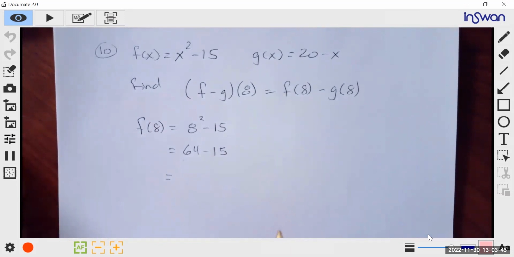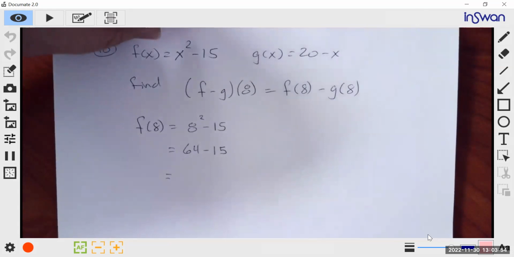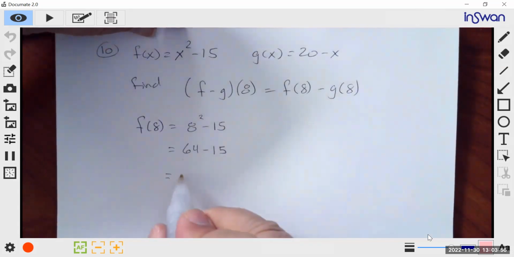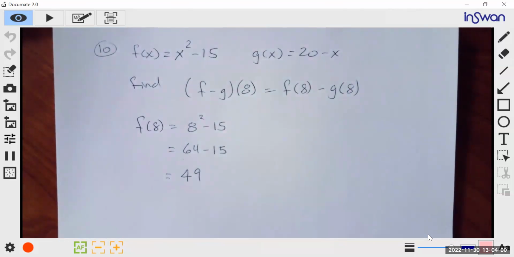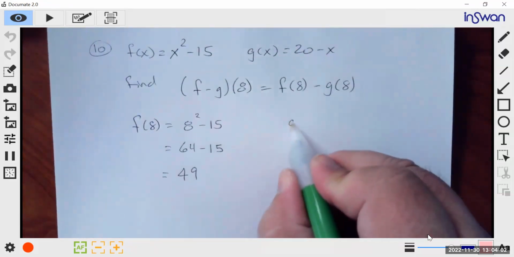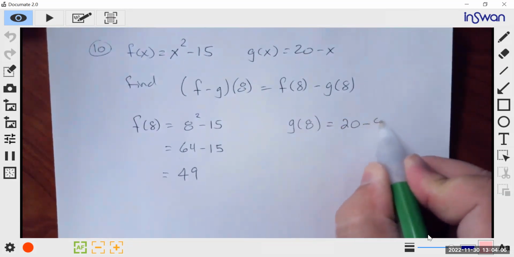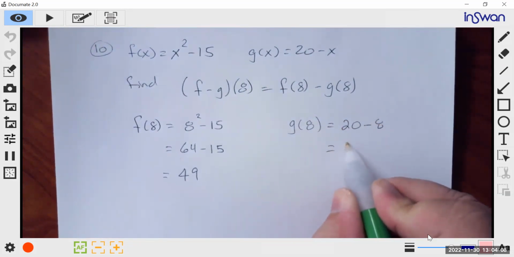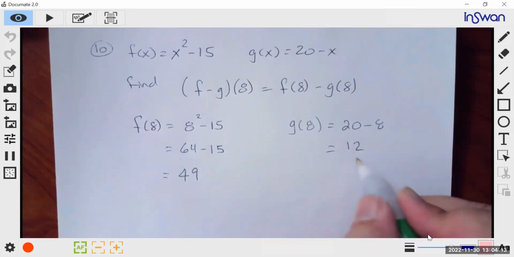64 minus 15 is what? 49. Yes. So that's what f of 8 equals. g of 8 equals 20 minus 8, which is... Well, yeah.